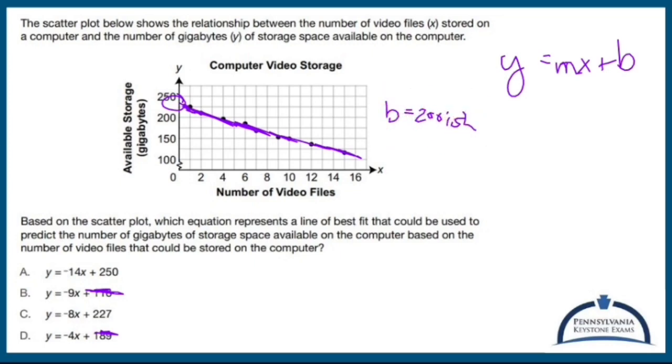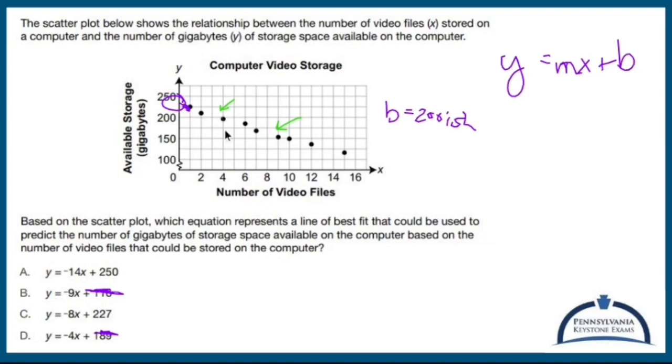What I have to do is find my slope. Now, for my slope, I really have to be a whole lot more careful. So I'm going to pick points that look promising to me. I'm going to pick that point right there, and that point right there, and try to find the slope. Now, my line of best fit pretty much hit all of these dots, so I'm okay with doing it this way.